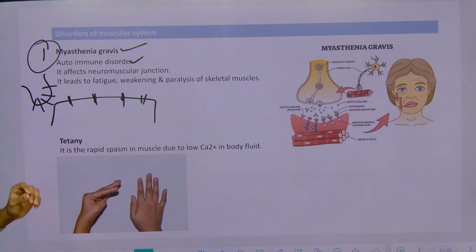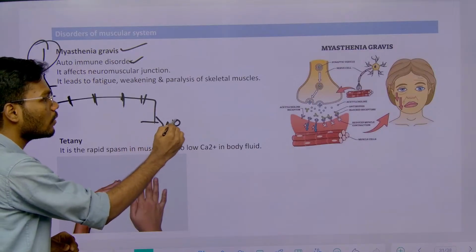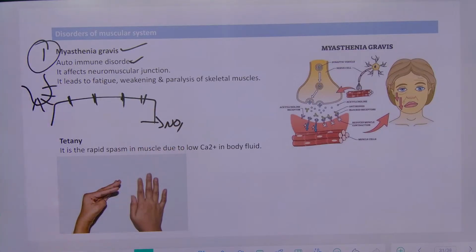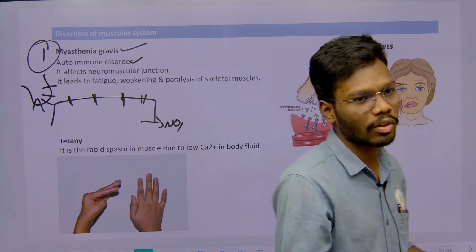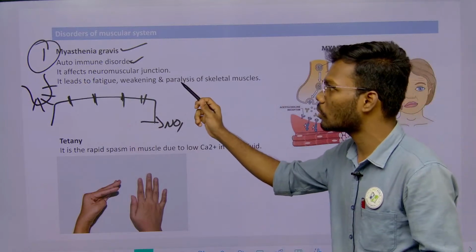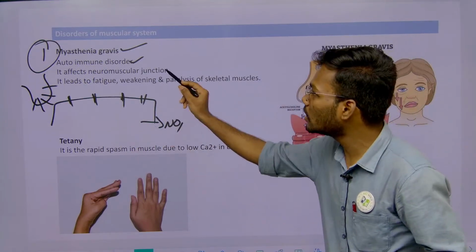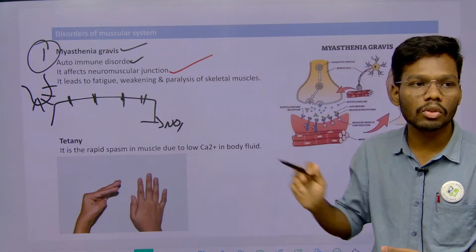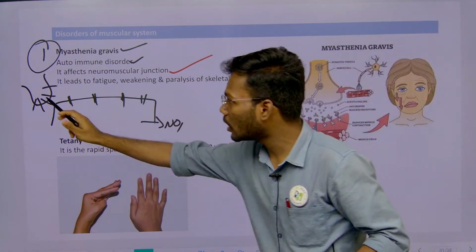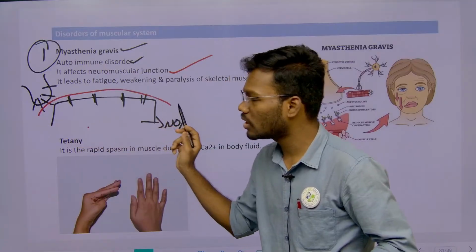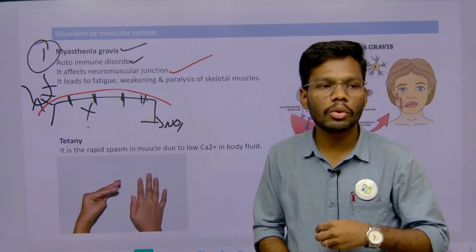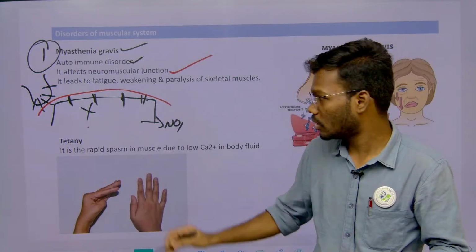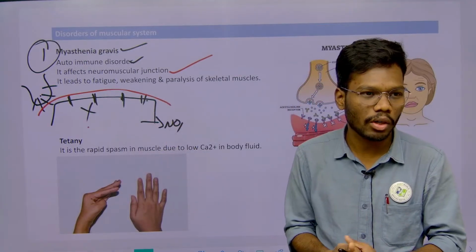There will be no generation of action potential. There will be no initiation of muscle contraction, no release of calcium, none of these things. No muscle contraction will happen. That disorder is called myasthenia gravis. It affects the neuromuscular junction, which means at the junction between neuron and muscle, the neurotransmitters are unable to detect these receptors, and these receptors are unable to detect the neurotransmitters.